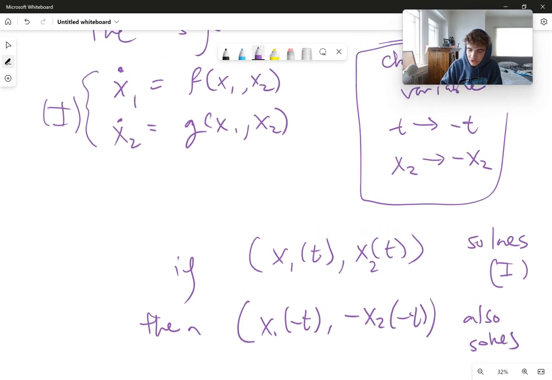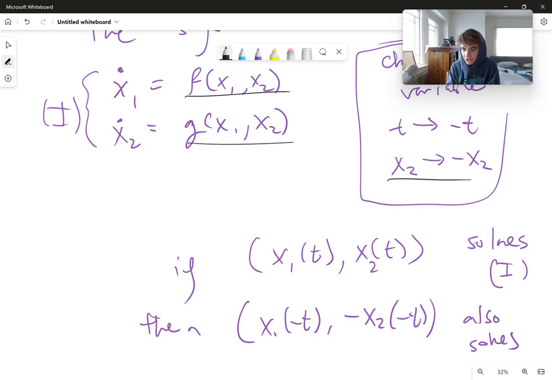Note that this is just saying that f needs to be even and g needs to be odd.